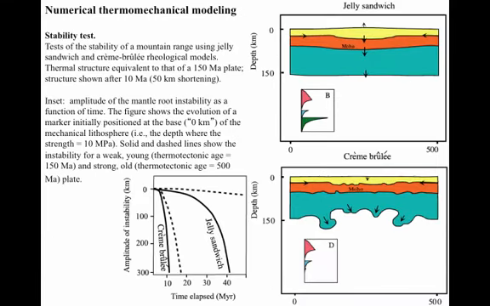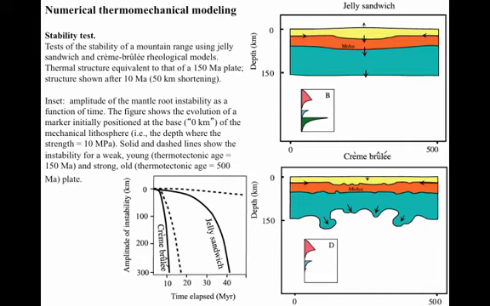In the stability test, the mountain range uses the jelly sandwich and the creme brulee rheological models, where the thermal structure is equivalent to a 150 million year old plate, and the structure is shown after 10 million years. So there's been 50 kilometers of shortening.